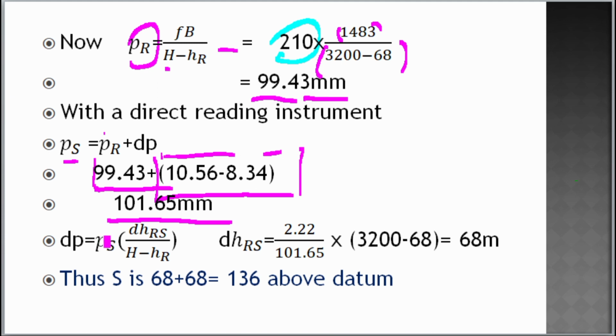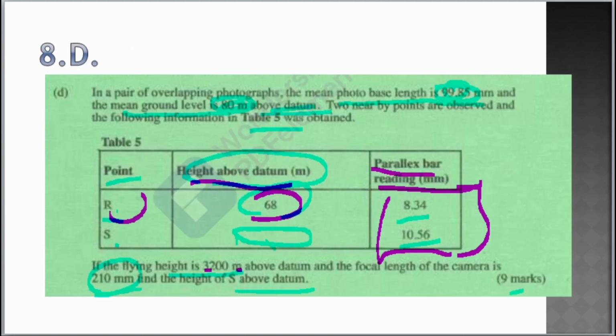After getting that, my difference in the parallax readings is equal to my parallax at S into brackets, the difference in height between R and S, over the flying height minus the height of R that we were given here.